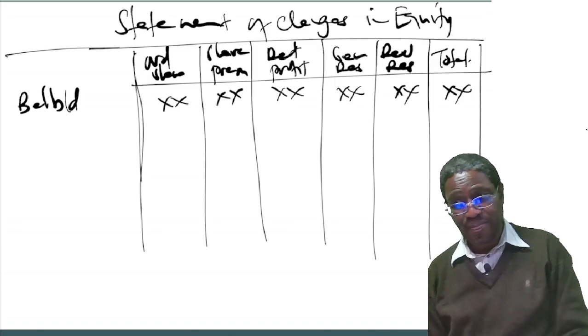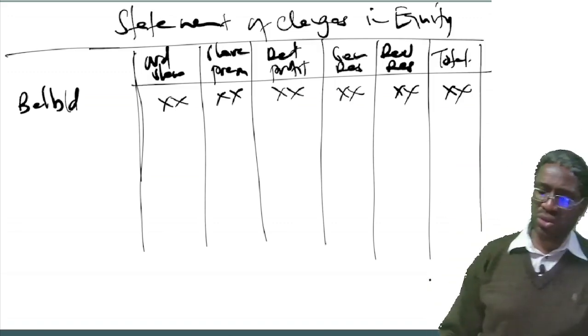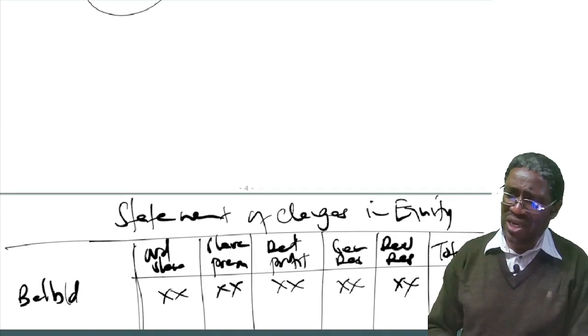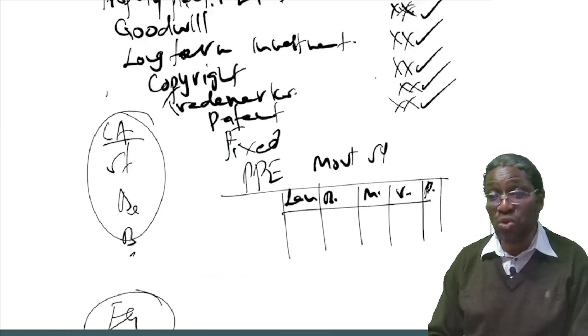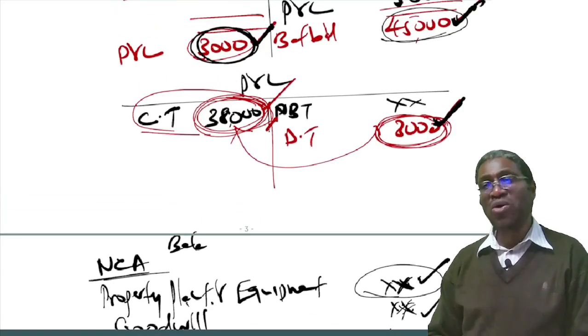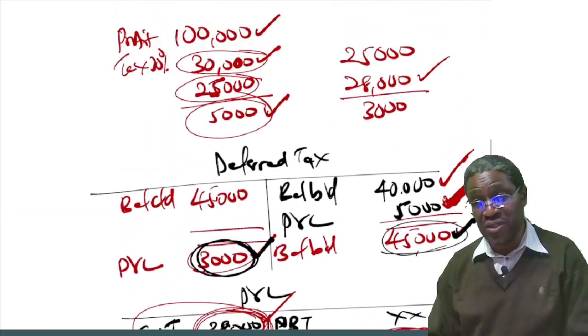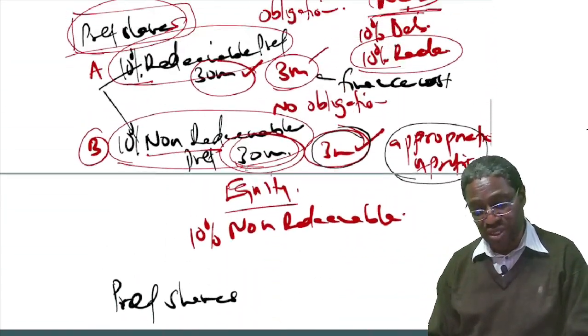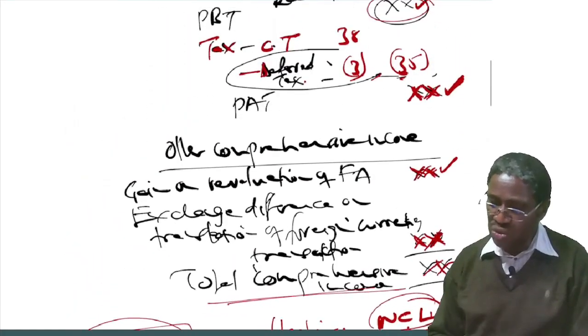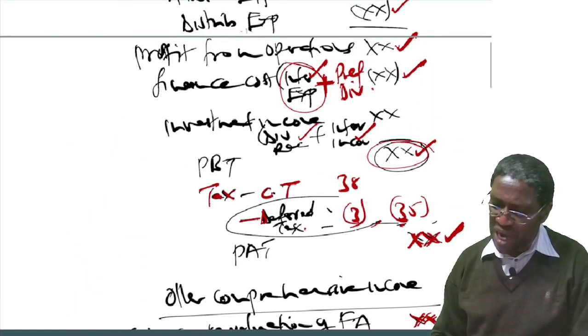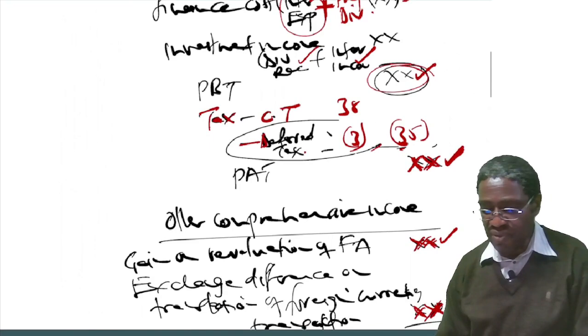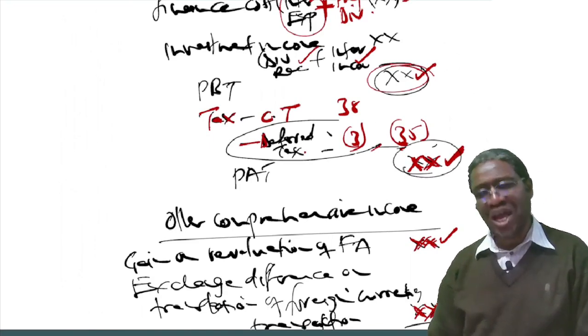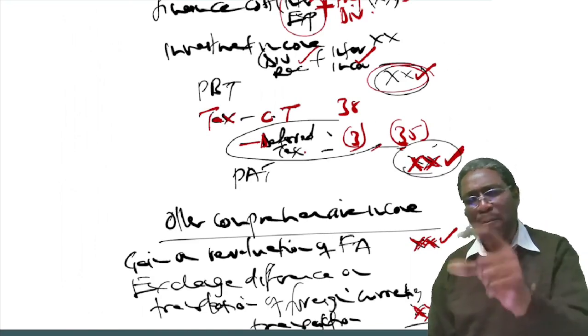Now listen. I told you, when I was looking at the income statement, that we don't appropriate the profit in the income statement. Once you get this profit after tax, that profit should be appropriated.